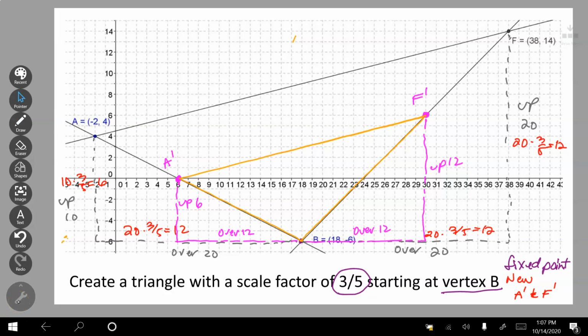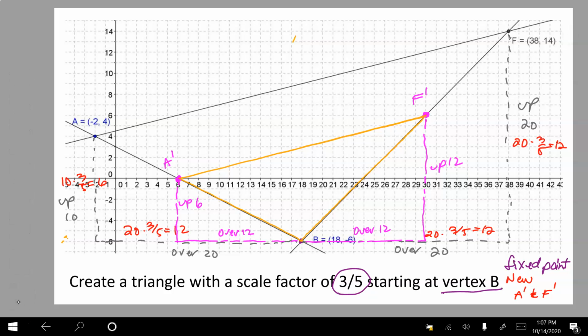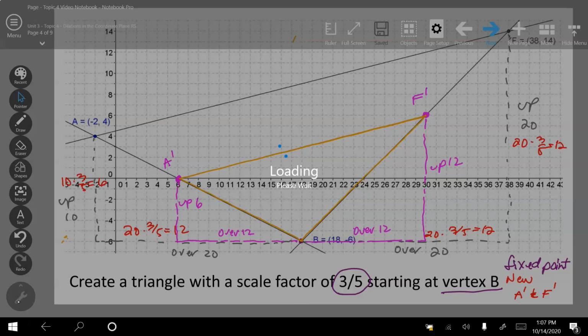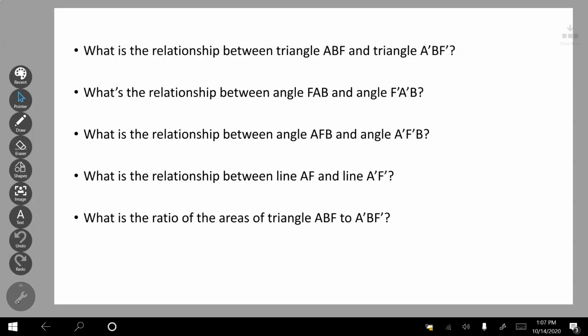So we're going to use this picture to answer some questions on the next page. So we're going to compare triangle BA prime F prime to the original triangle BAF. And the first thing they ask, what's the relationship between these two triangles?